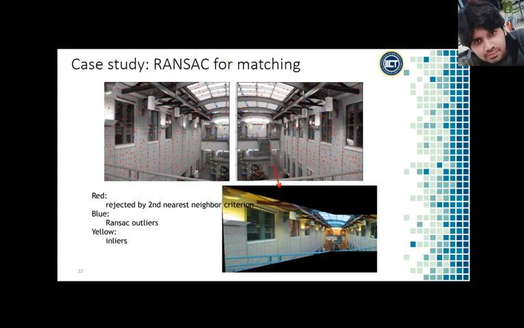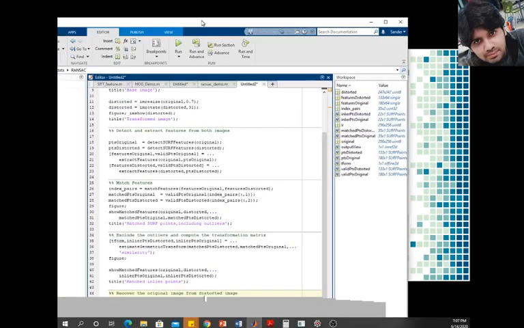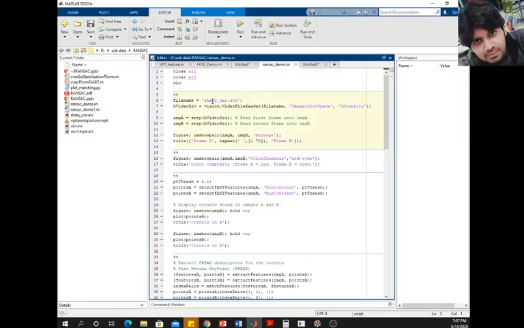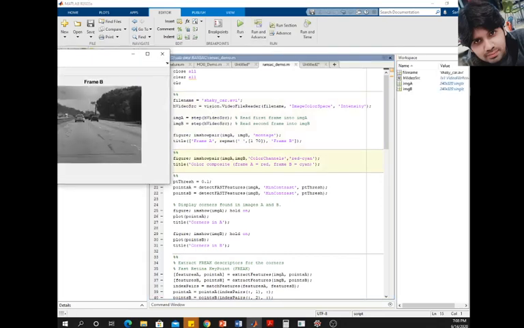So let's see an example here. What we are doing is clearing all the variables right now. This is a video file, and you will see the subsequent frames of this video file here. Let's see the result for this section.